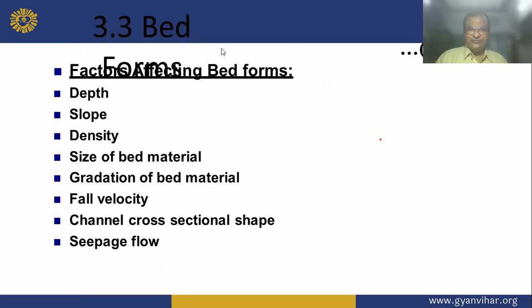Now, factors affecting the bed form: first depth, next slope, fluid density, fourth shape of bed material, gradation of bed material, fall velocity, channel cross-sectional shape, and seepage flow.